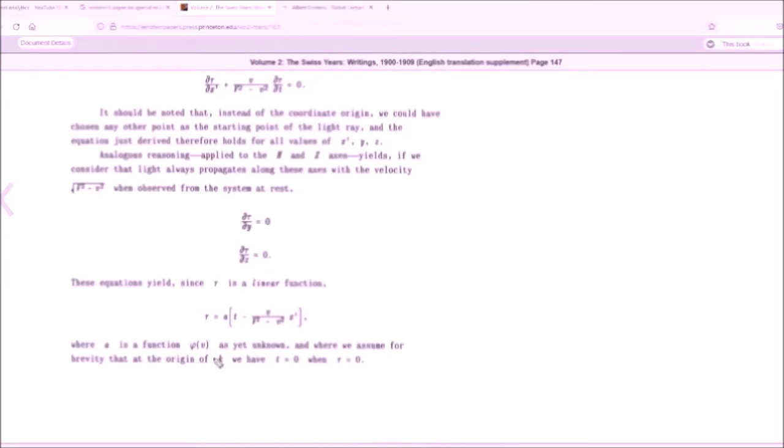We assume for brevity that at the origin of the frame k we have t equals 0 and tau equals 0. So now he inserted another function to determine the difference in the simultaneity of one frame relative to another, assuming that one frame is moving at velocity v and the constant speed of light is capital V.